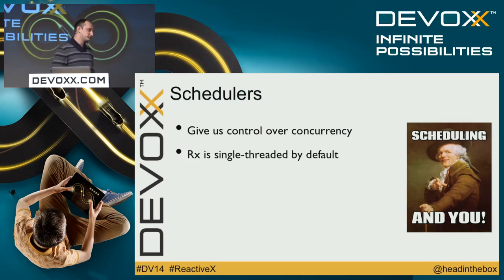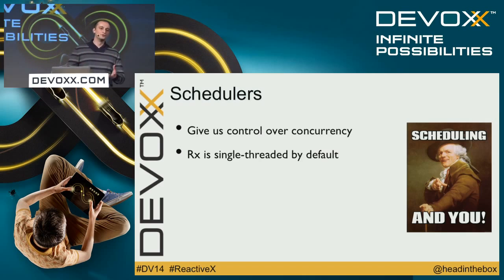Now, this might surprise you or not, but Rx is really single-threaded by default. And actually, that's a good thing, because one of the things that I haven't mentioned is that Rx really has no opinions as to how to do things. Rx doesn't say you have to manage your events in this way or in another way.